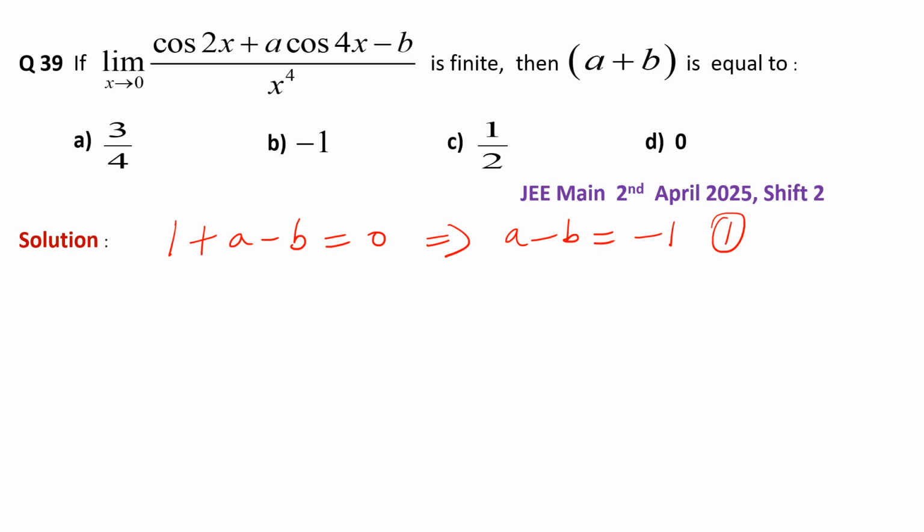Now since this limit is of the form 0 by 0 and both numerator and denominator are differentiable functions with respect to x, to solve this limit further, we can use L'Hospital's rule.